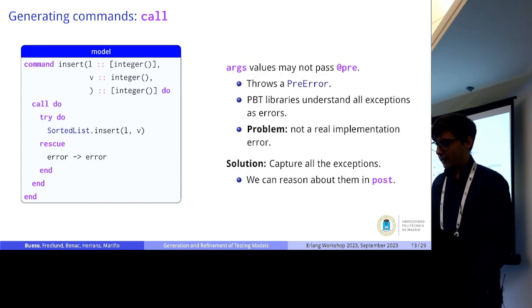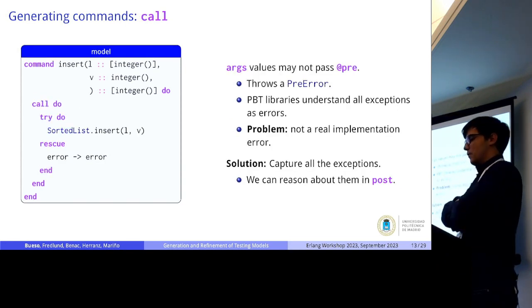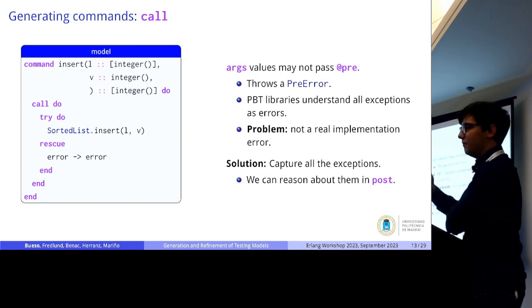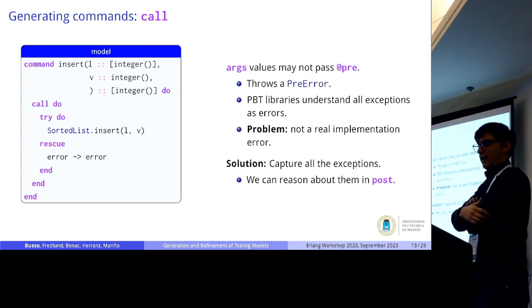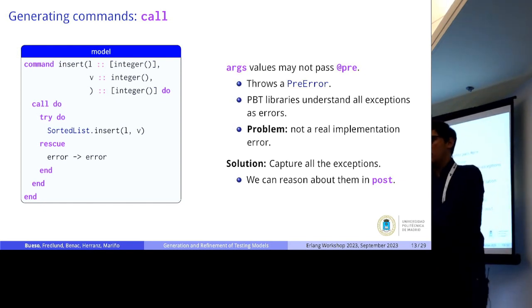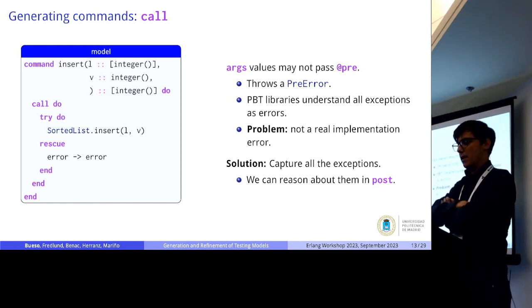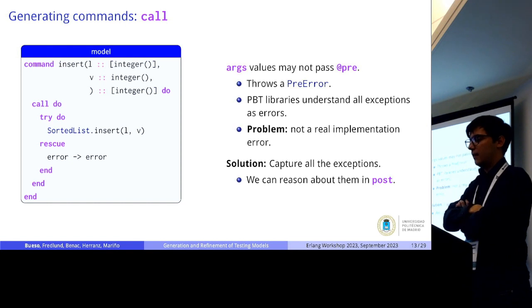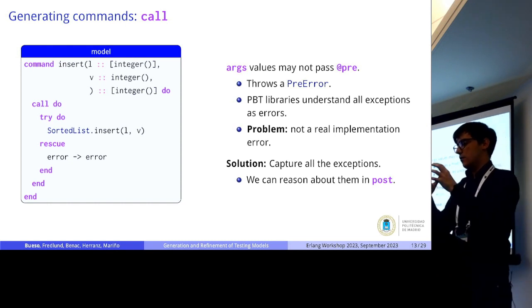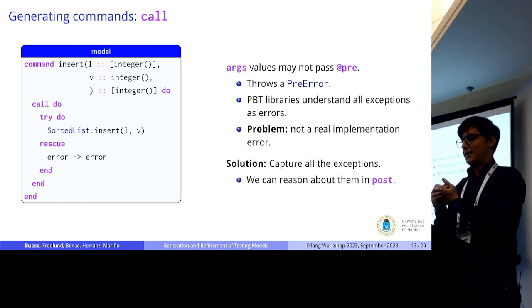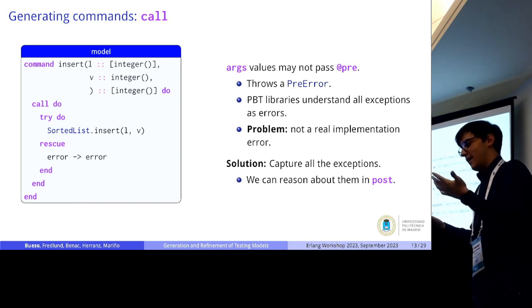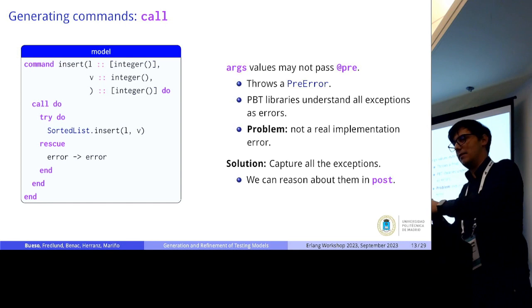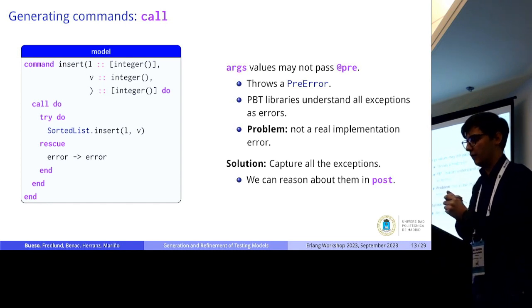So this is a problem, because as we have seen, when we generate these kinds of values and call the implementation, it's going to throw some exceptions. And in property-based testing libraries, these exceptions are understood as errors. So this is not really a problem in our implementation, but a problem that our generator is not good enough.